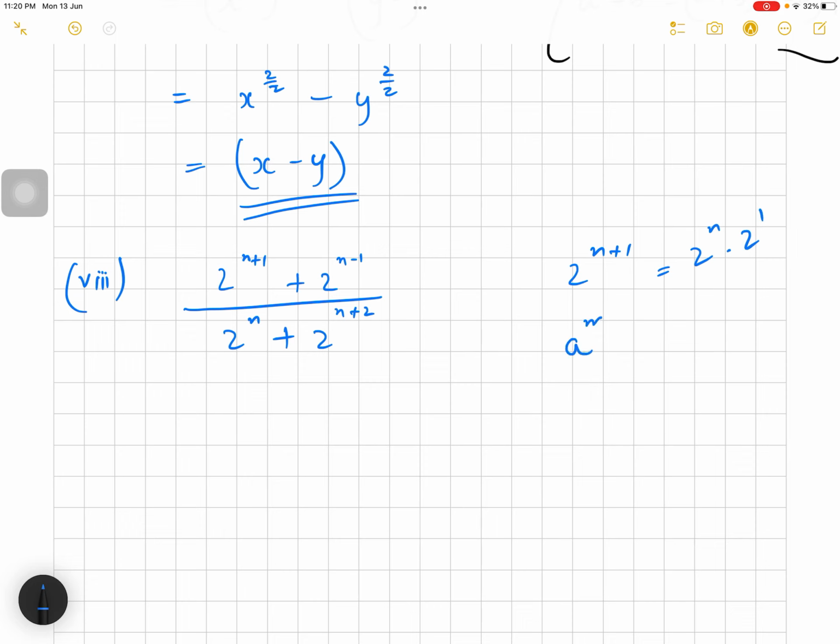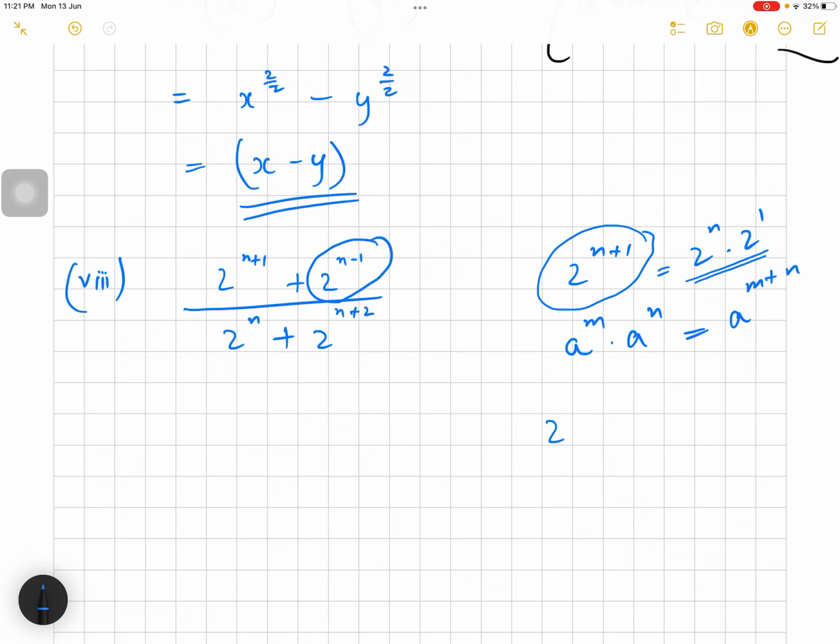Because a raised to m into a raised to n is equal to a raised to m plus n, right? So this is my a raised to m plus n, and this is a raised to m into a raised to n.